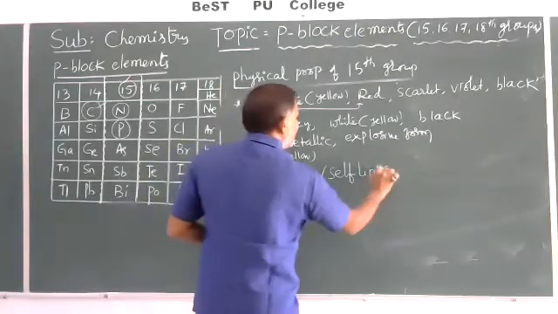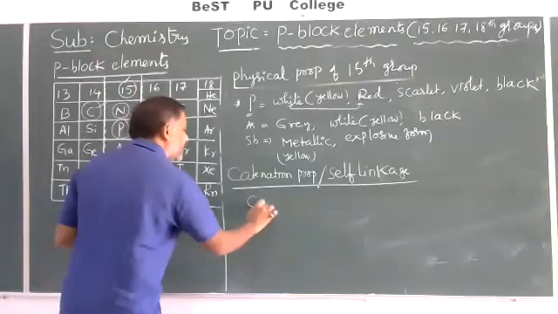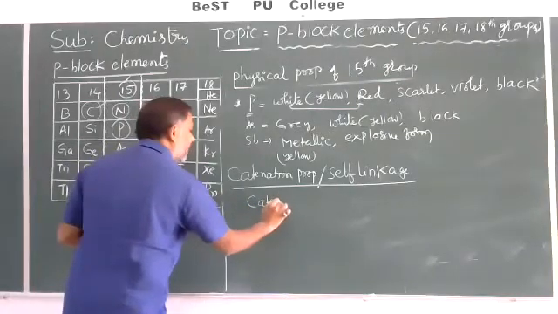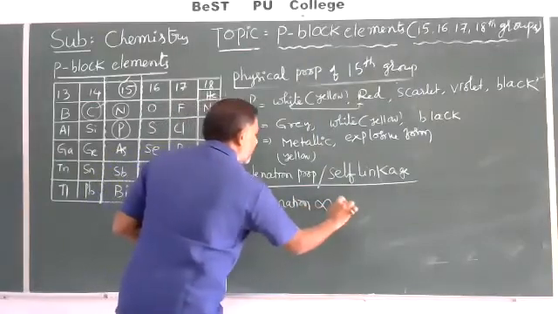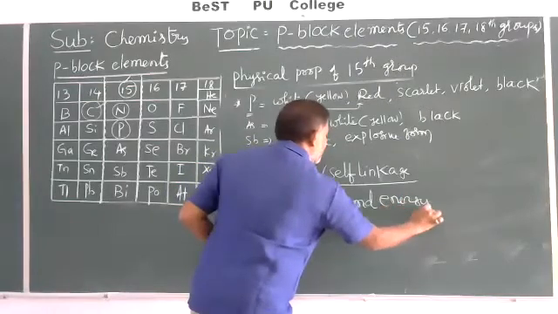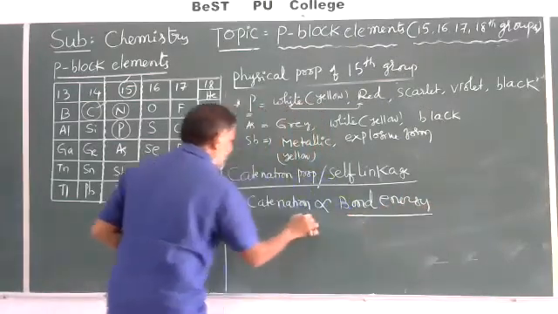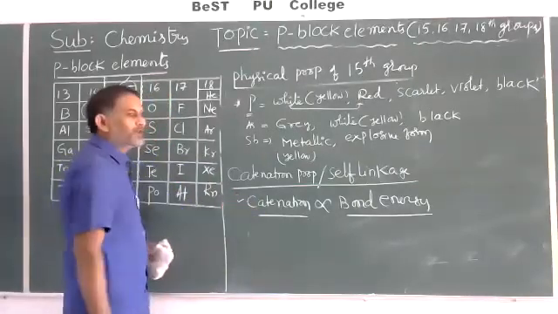This catenation property, the self-linkage property, mainly depends on bond energy. The bond energy is directly proportional to the catenation property. If bond strength is small, catenation property is small.